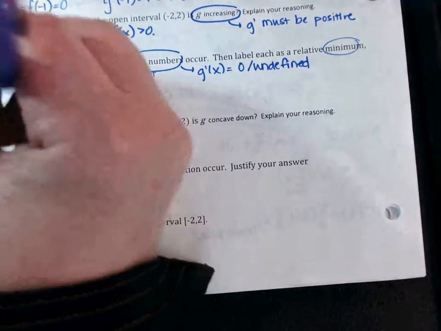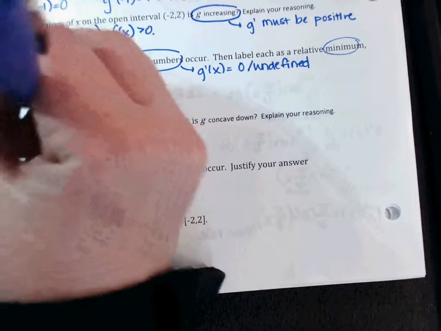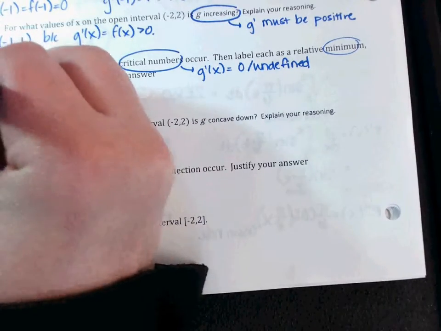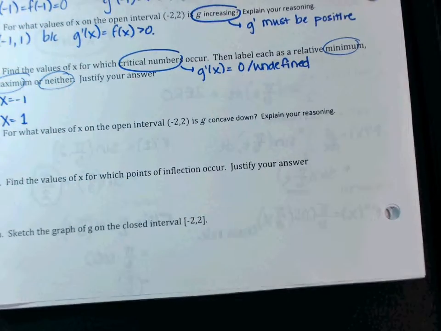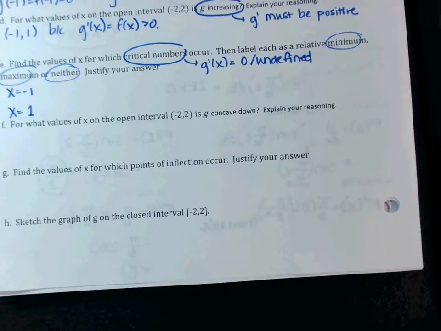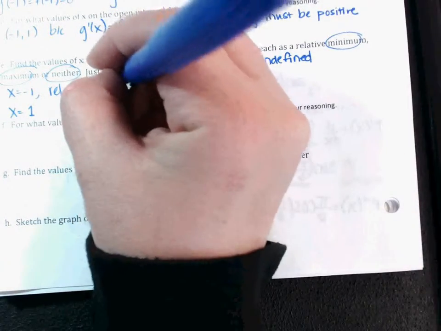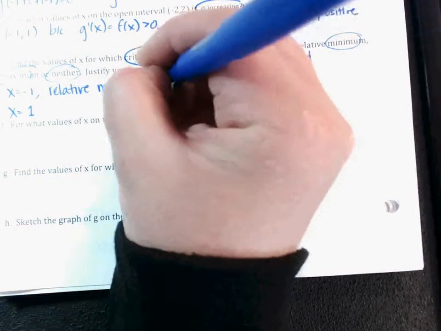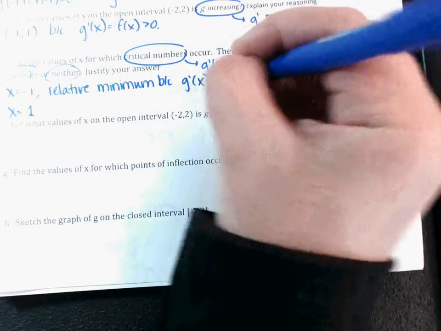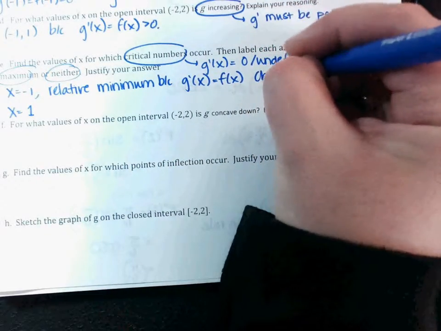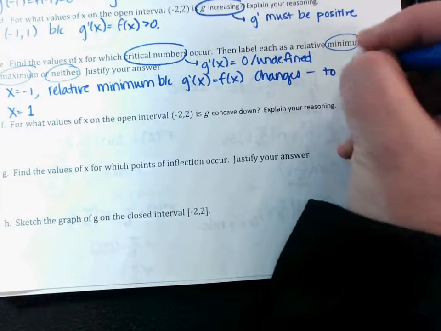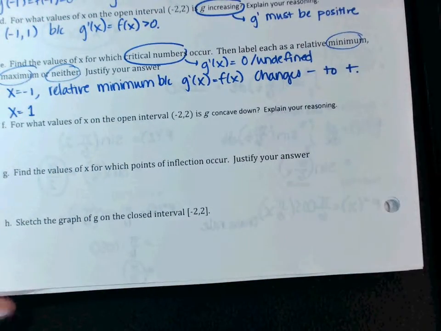So I'm going to put x equals negative 1 and x equals 1. I'm going to list them separately because they're different types of extrema. Negative 1 we said is a relative minimum because g prime, which is really f of x, changes from negative y values to positive y values.